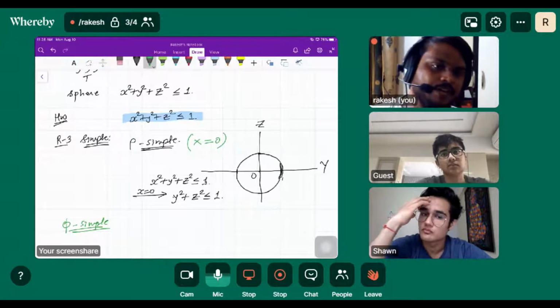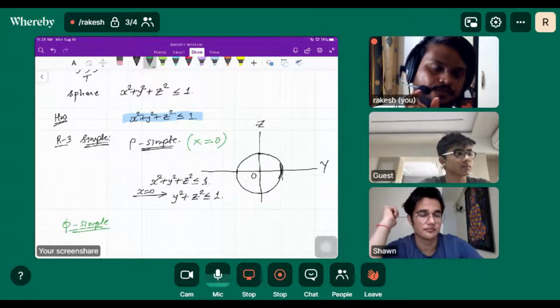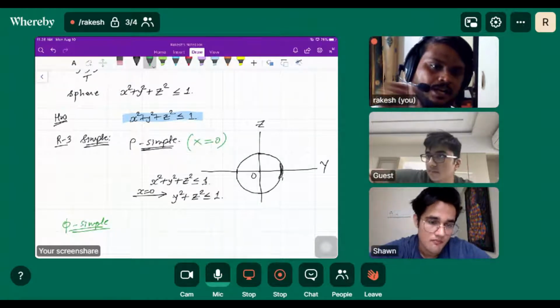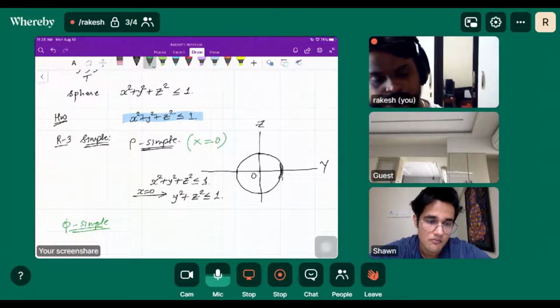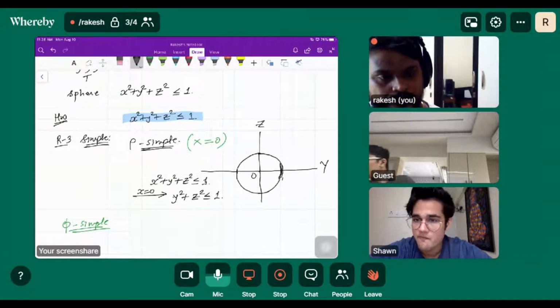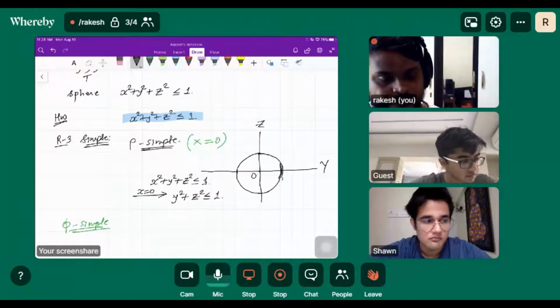That will give you the idea about the range of rho, the lower and upper limit of rho, and the lower and upper limit of phi. So what would be the range of phi here? What would be the lower limit and the upper limit of phi?